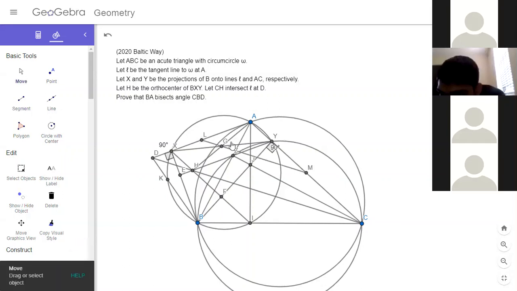Yeah, we can prove that. If we can prove that, I think that would solve it. I don't know if that does much. Wait a sec. I think we can prove that.